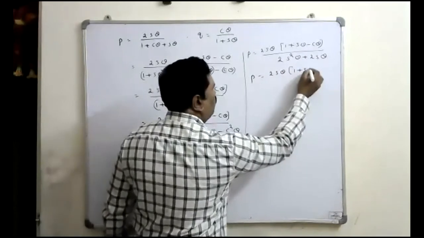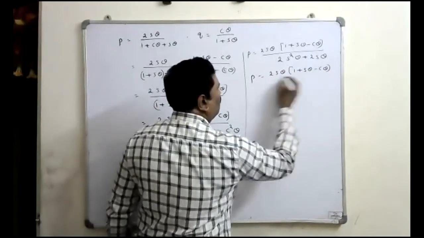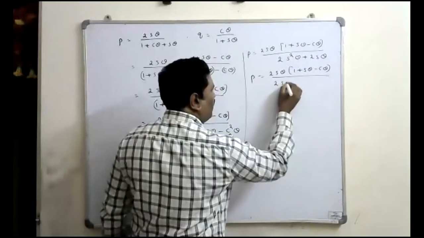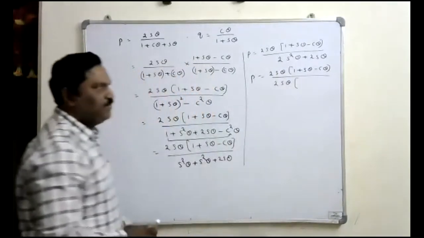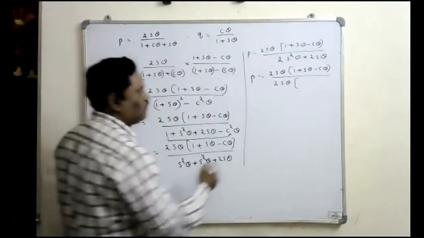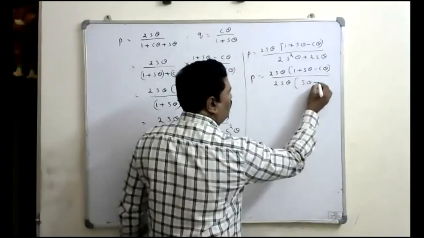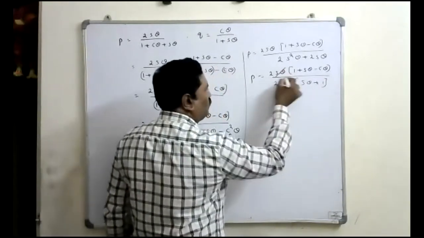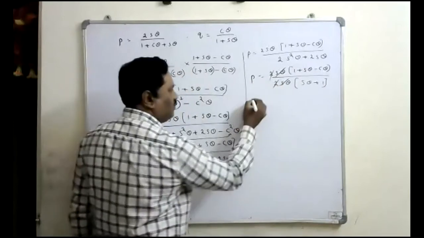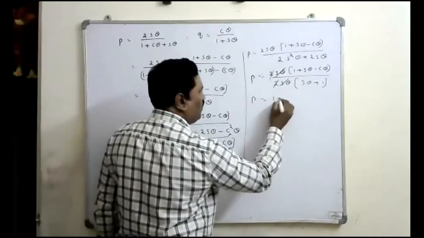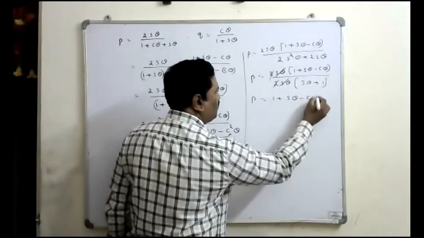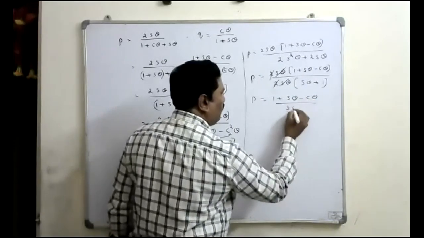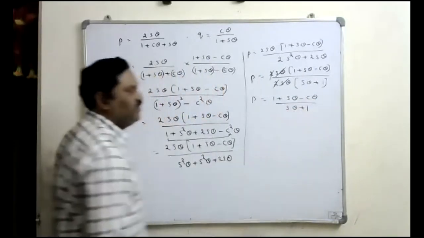What do we get in the remaining? Sin theta plus 1. So sin theta gets cancelled. This is 1 plus sin theta minus cos theta upon sin theta plus 1. This is the value of P.